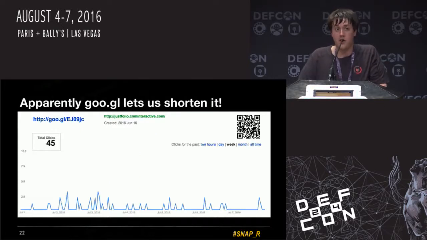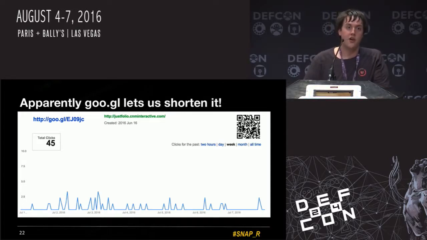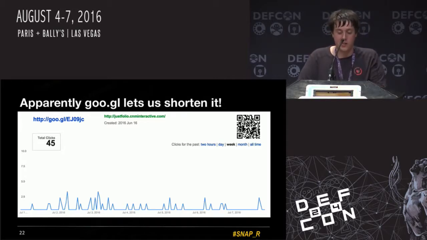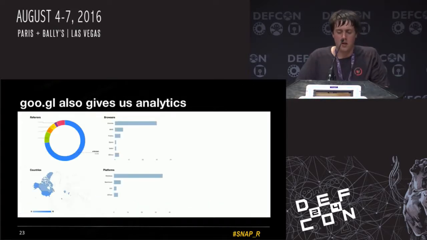We tried it through a lot of different link shorteners, and apparently goo.gl lets us shorten it. Several others also let us shorten it, but goo.gl gives us a lot of cool other things. First off, it gives us a timeline of when people click, and apparently this link has already been shortened before and people have clicked it. But that's a tale for another time.